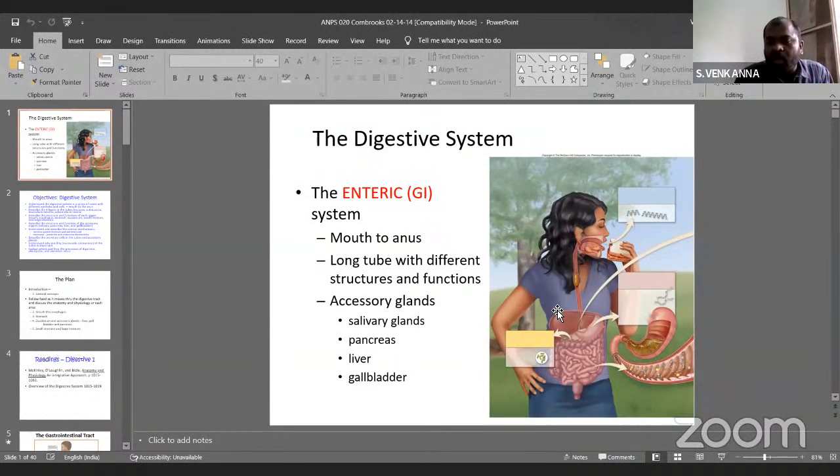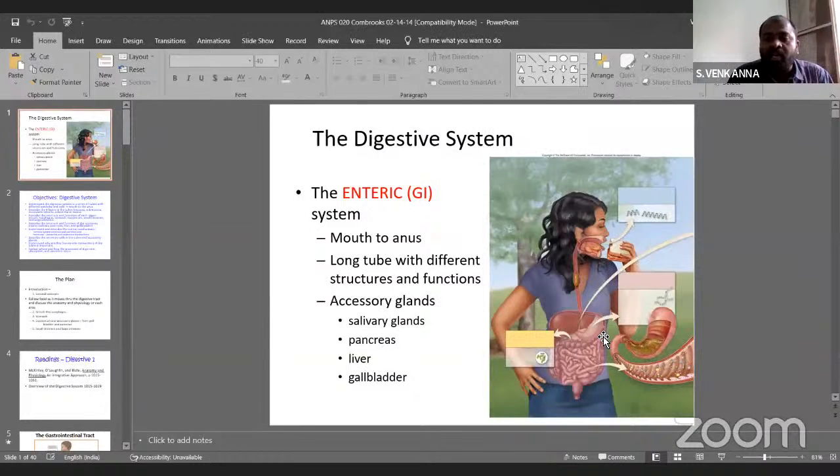Then there are accessory glands, which are internal glands.